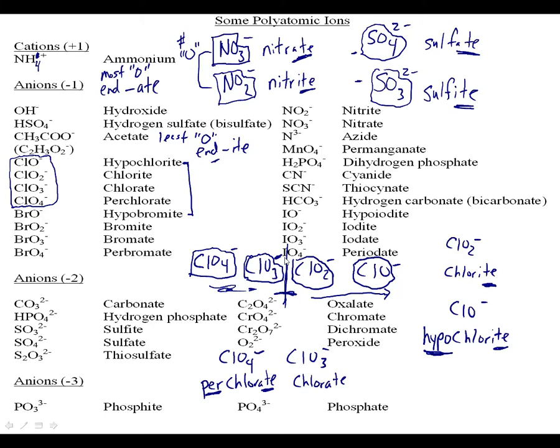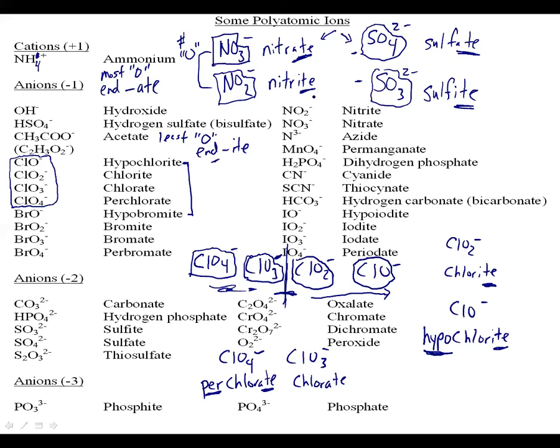you come across. So a good way to group these together is to find the guys that are related to each other and remember, kind of memorize their names and their formulas and their charges. Sometimes what people will do is, for example, in a group of 2 or something like that, they will remember all the ates. And what they know is the ites would just be 1 oxygen less.